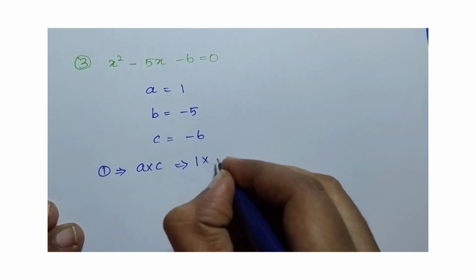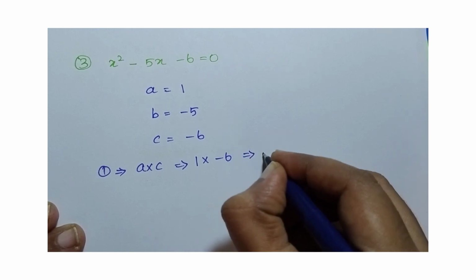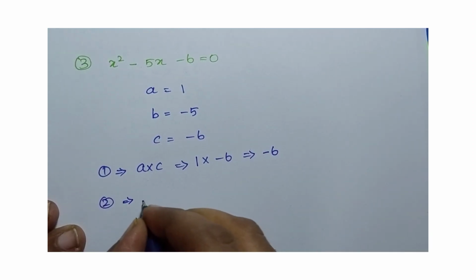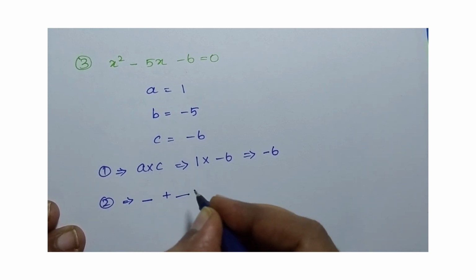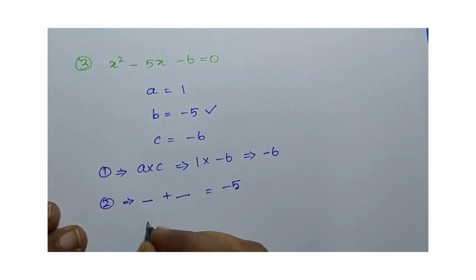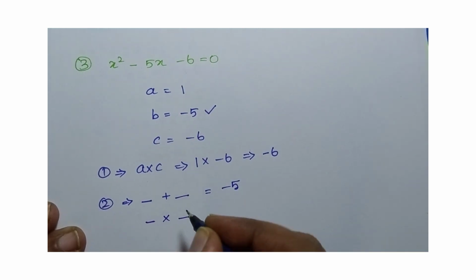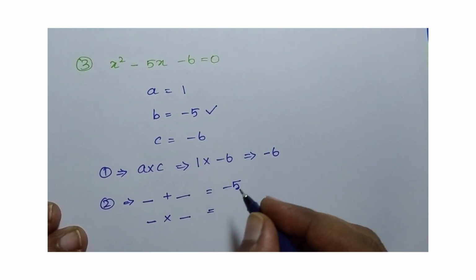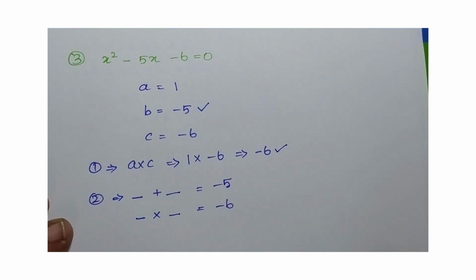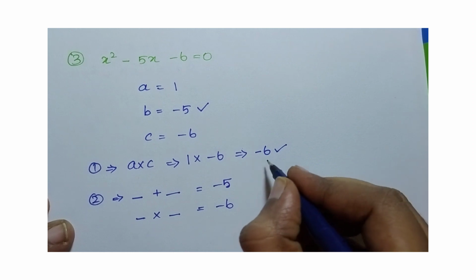So 1 into minus 6, what I get? Minus 6. Second step, I'm going to take two values. If I add the two values, I get minus 5. And if I multiply the same two values, I get minus 6.